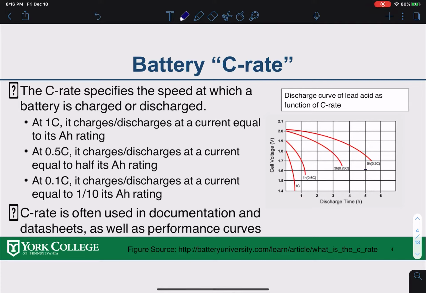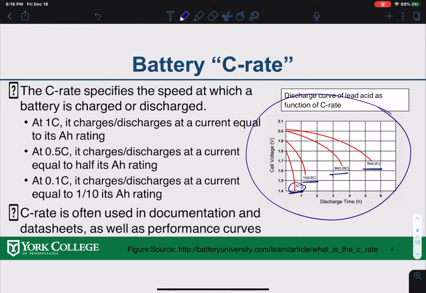Over here, if you discharge at 0.2 C rate, then it's going to last for 5 hours. If you do it at C rate, it's going to last for an hour. But sometimes if you do it at 1C, it's going to last for less than an hour, and so on. Every battery will come with this chart for you, so you can decide how the battery is discharging.